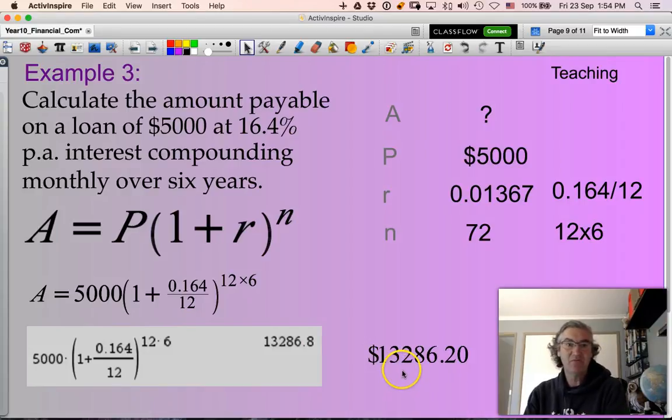So that is the amount that I will have to repay after 6 years when the interest rate is 16.4%. High interest rate, a lot of repayment, so effectively the interest that I have been charged would be 13,286.20 minus the 5,000 which I would have originally borrowed. So in other words, the bank has made a tidy sum of $8,286.20.